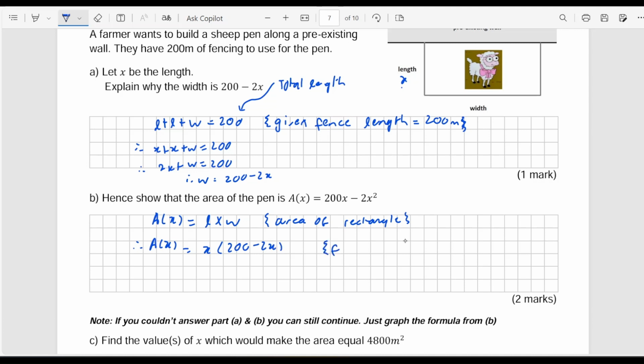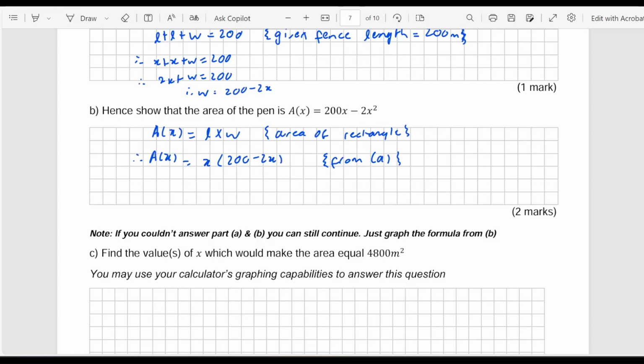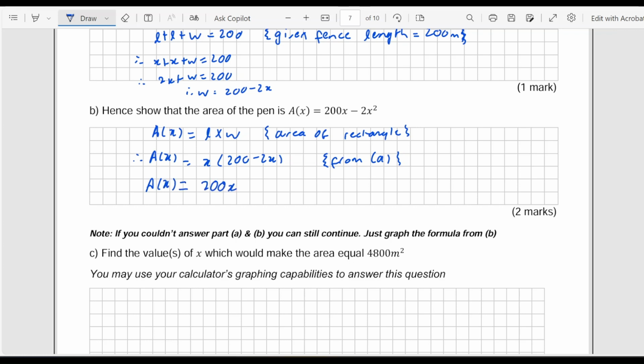And this is going to be from A. All right, then last step to get the formula we want, you just expand. So you're going to get 200x take away 2x squared, and since it's a show that question, I'm just going to write expanding there. And that matches the formula thereafter, which is good news.